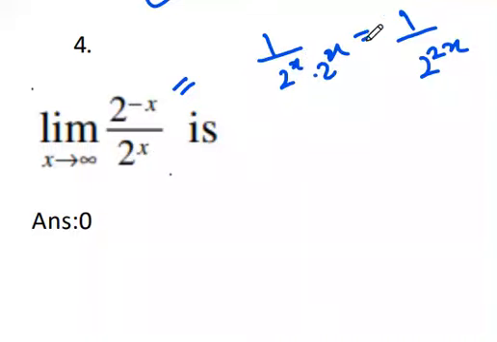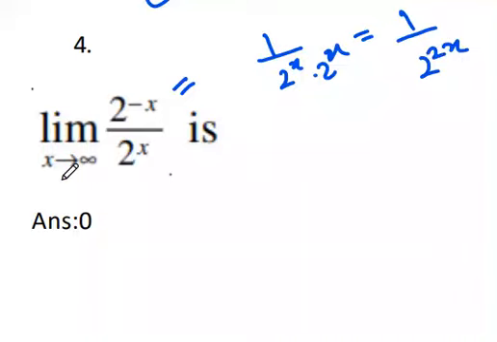When you multiply these two quantities, this is the base, and you have to add these exponents, right? So this becomes 2x, and the base is the same, base is 2, so 2 to the power 2x.